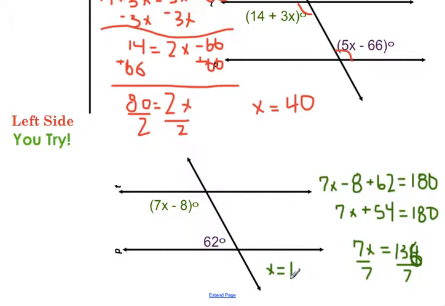Oh my goodness. I didn't catch it. Hopefully you guys did. Should be 126 here. So we should get 18. Might double check that. I'm doing that one in my head. But I'm 99.9% sure we get x equals 18. All right. If you need to pause at any time, feel free to do so.